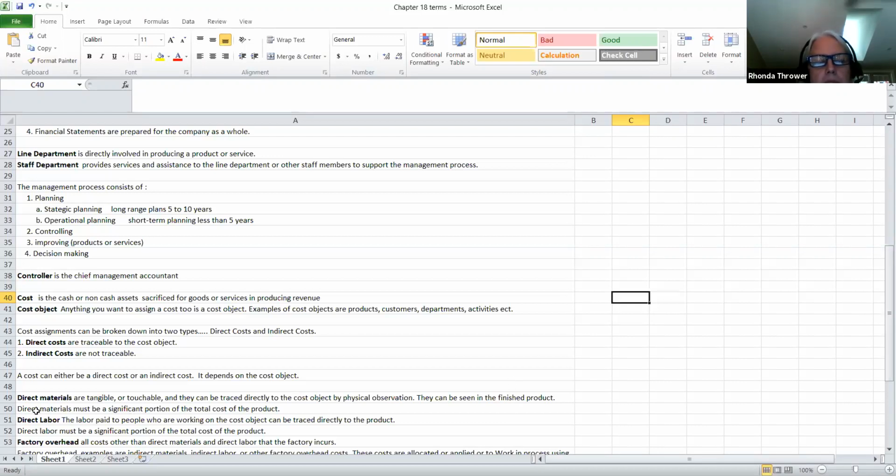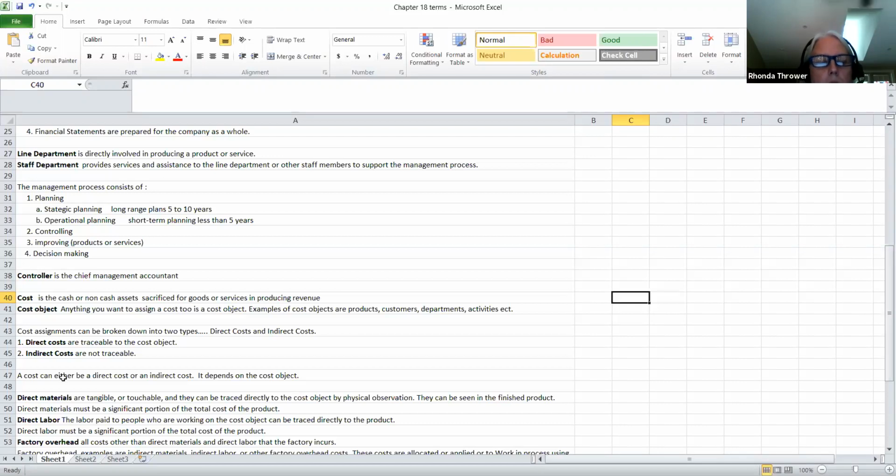And these direct materials, in order for them to be considered direct, must also be a significant portion of the total cost of the product. So if we have insignificant cost, we treat those as what we refer to as factory overhead. We'll talk about that in just a moment.